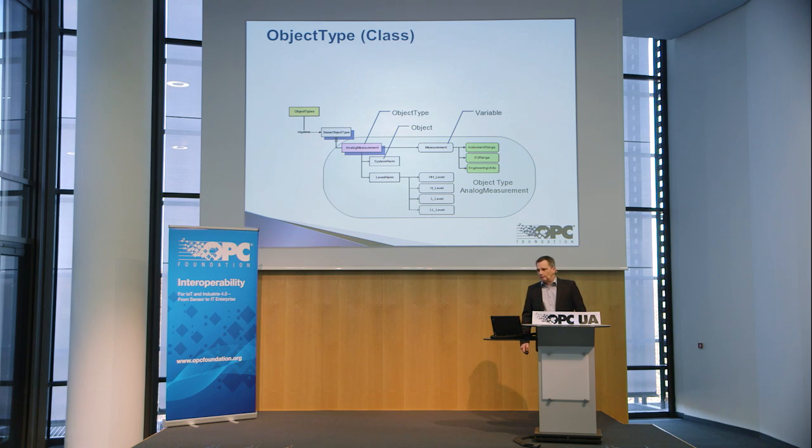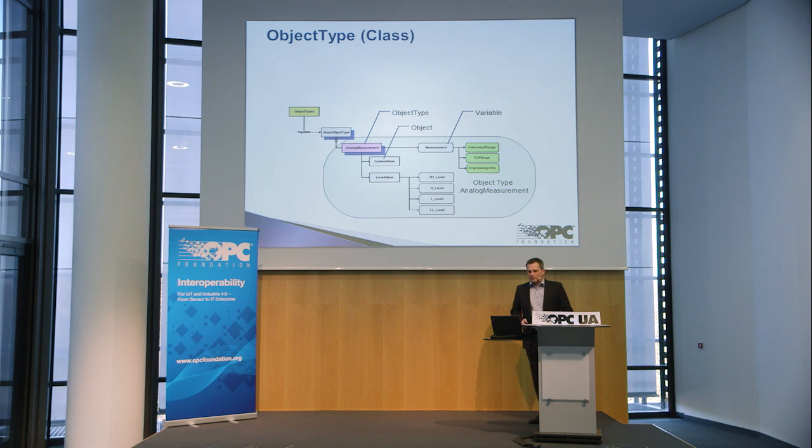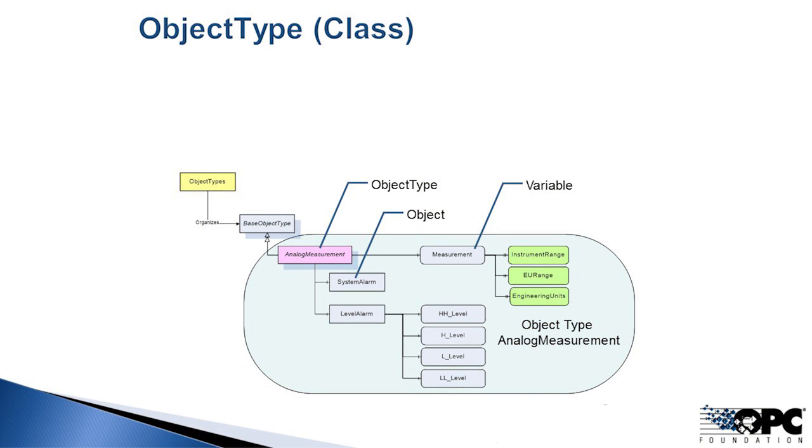I will give you here a very short example just for overview. So imagine we have this object type, which is more or less like a class for the programmers. Inside the object type system, we have the base object type, and from that we now have a look at the analog measurement type. The analog measurement type is defined by the OPC Foundation, and it describes any kind of analog measurement. So this type is already inside the data access information model.